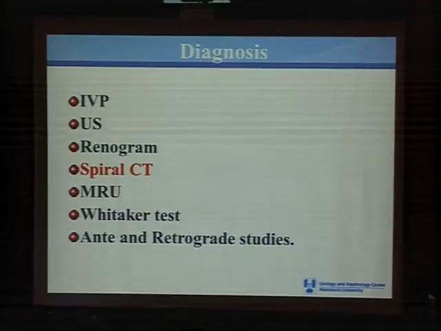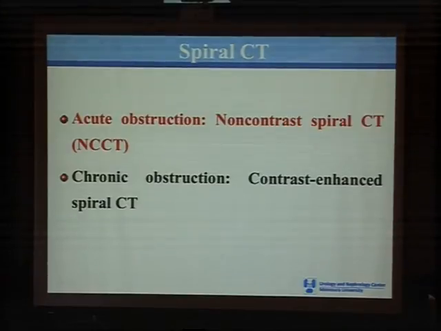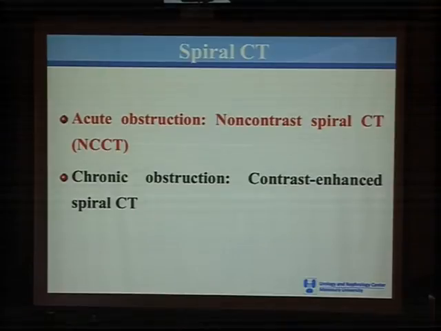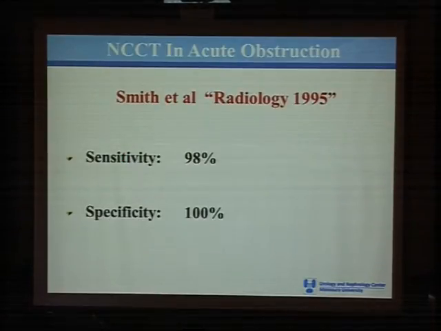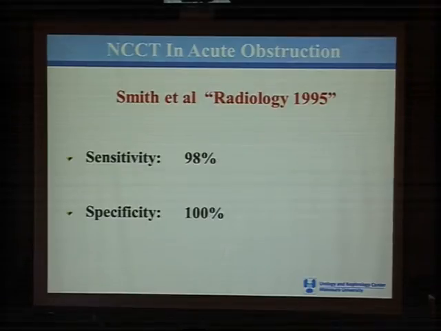Then the next item is the spiral CT. The spiral CT could be used either in acute obstruction, where we use non-contrast CT, or in chronic obstruction, where we use CT with contrast. Non-contrast CT in diagnosis of acute obstructive uropathy is very sensitive and very specific.